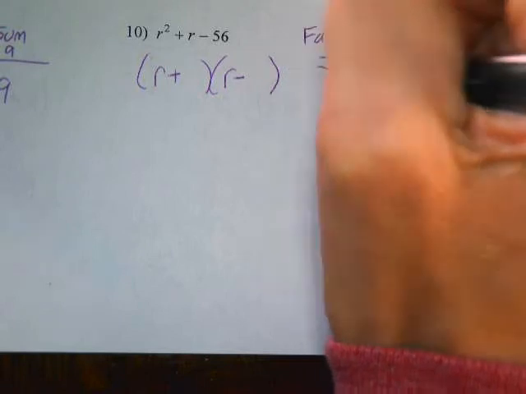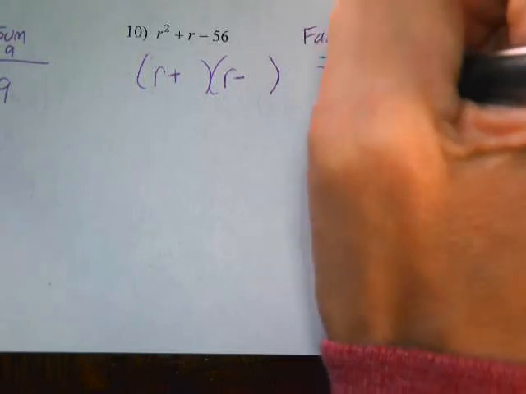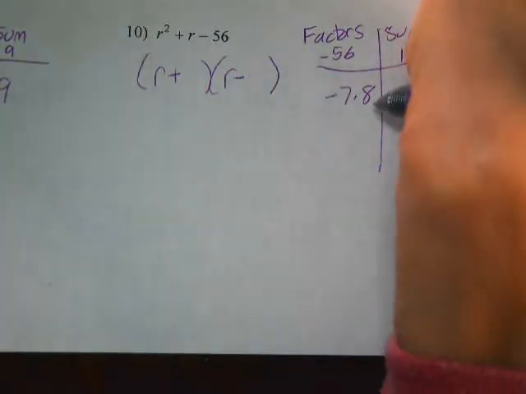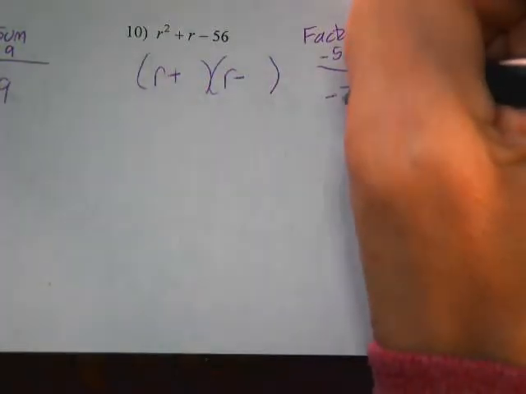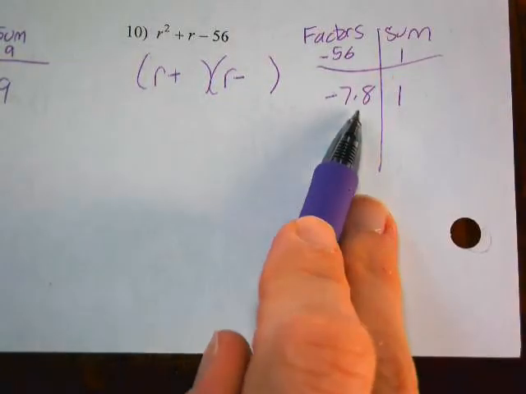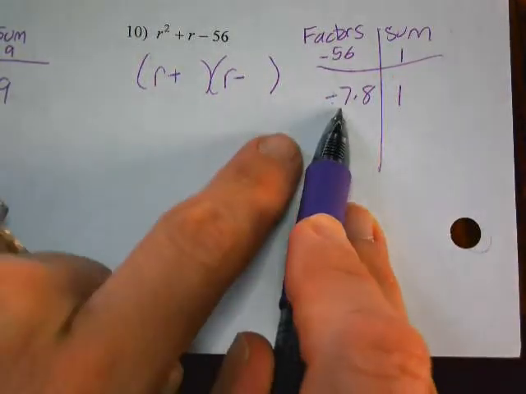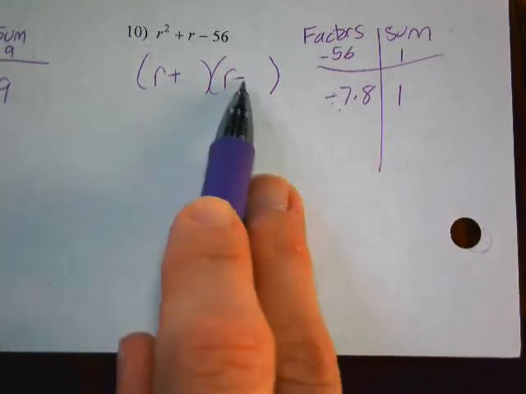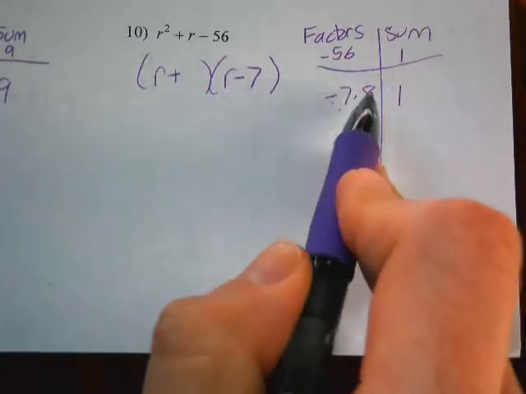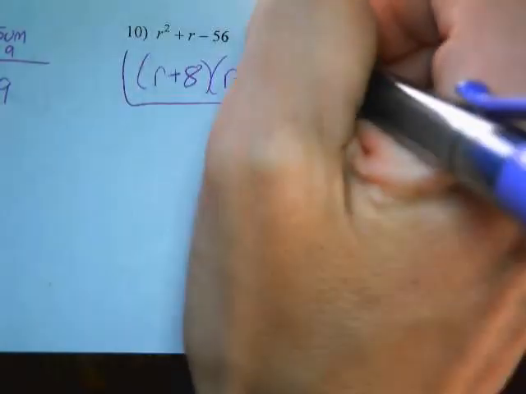And I could say, well, negative 7, positive 8. And negative 7 plus 8 gives me a positive 1. So this is telling me that the 7 needs to be negative. So because I put my negative sign here, my 7 is going to go there. And my 8 is the positive, so that's going to go with the positive side.